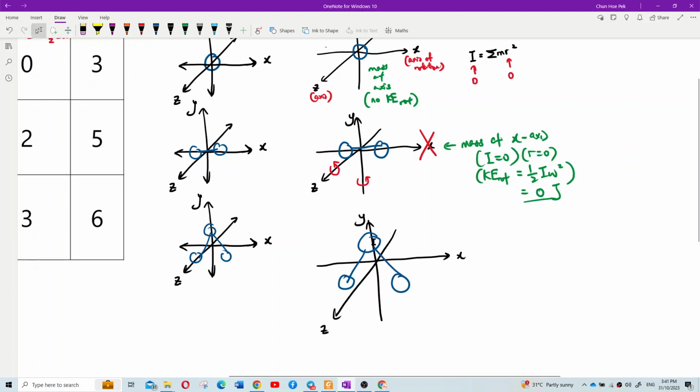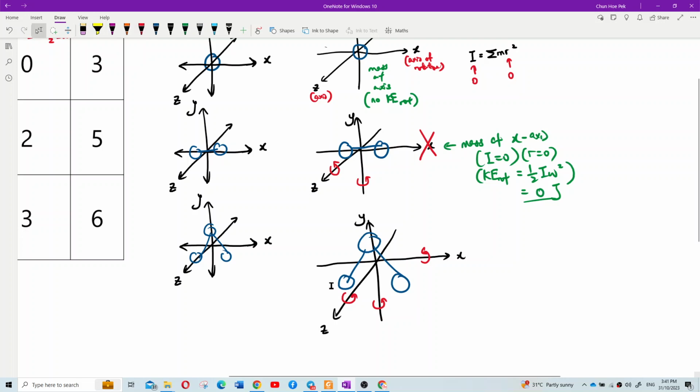Now the polyatomic has a certain distance away from X, and for these two atoms, a certain distance away from Y. For the Z-axis, also a certain distance away from Z. So all axes of rotation have rotational kinetic energy. It can rotate around the X, around the Y, and around the Z.